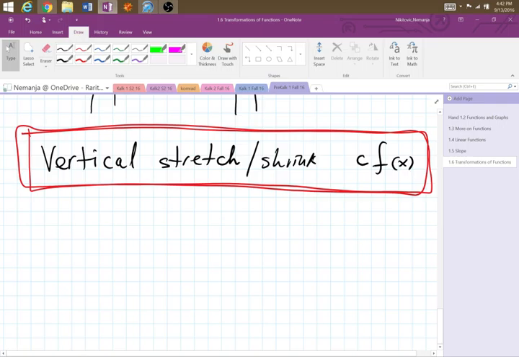You stretch things when c is bigger than 1 or smaller than -1, and you shrink things when c is in between -1 and 1. So clearly, if you're multiplying something by a half, you're cutting the thing in half, right? So it's going to be shrink. If you multiply something by 10, you just made it 10 times larger. So that's going to be stretch. So please use common sense at all times.